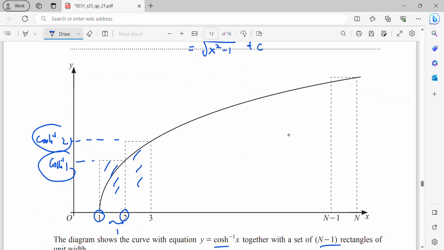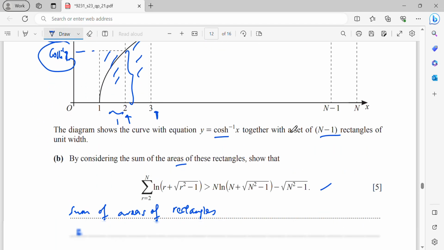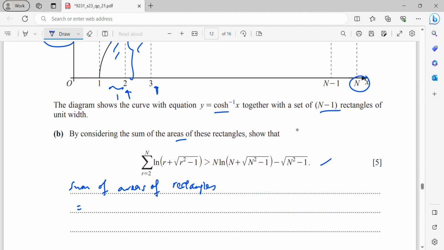Okay, wait, I made a mistake. This height is inverse cosh 2. Okay, if inverse cosh 1 is here, then I'm referring to the second ordinate. Alright, it's not the first, it's the second. So for all the rectangles, I will get inverse cosh 2 plus inverse cosh 3 plus until inverse cosh n, because the last is n.